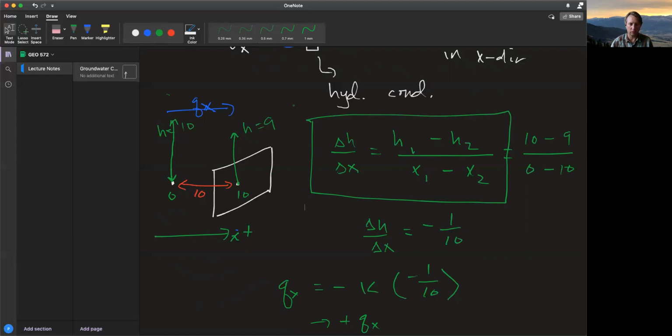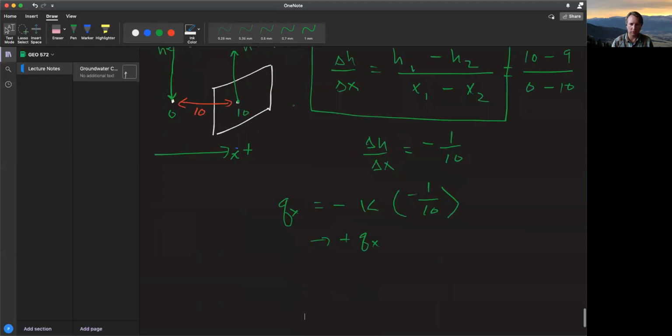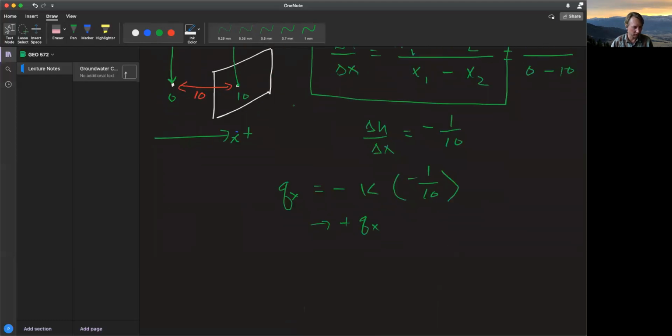Okay, so Darcy's law relates fluid potential and flux in groundwater systems.